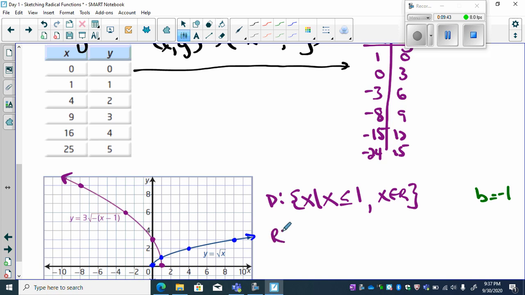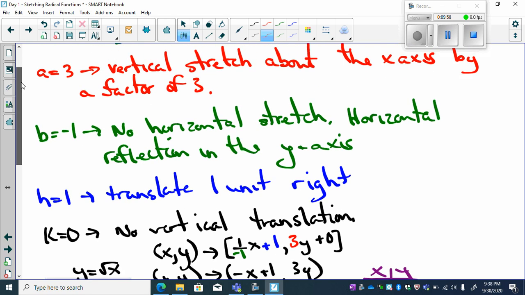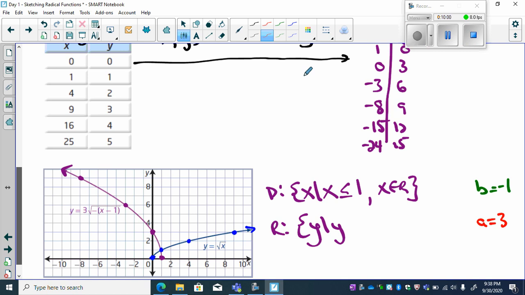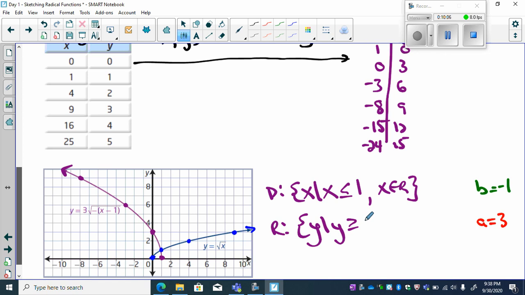The range of the purple is y, such that y is, well, let's see if it's greater than or less than, or equal to. In this case, my a value is +3. Remember, if the a value is positive, we're going to go with greater than or equal to. And it's my k value, 0. y belongs to the real numbers.